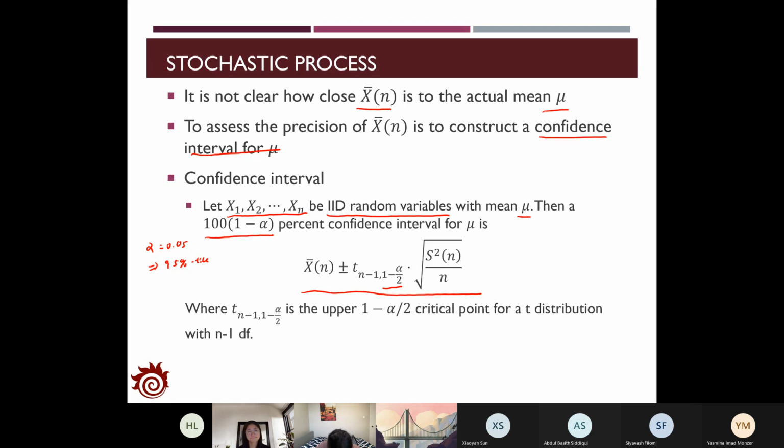s squared divided by n. And here t is from the t distribution, which is quite similar to the normal distribution, but it's not exactly the same. It will give you the upper and lower bound of the confidence interval with the confidence of 1 minus alpha divided by 2.